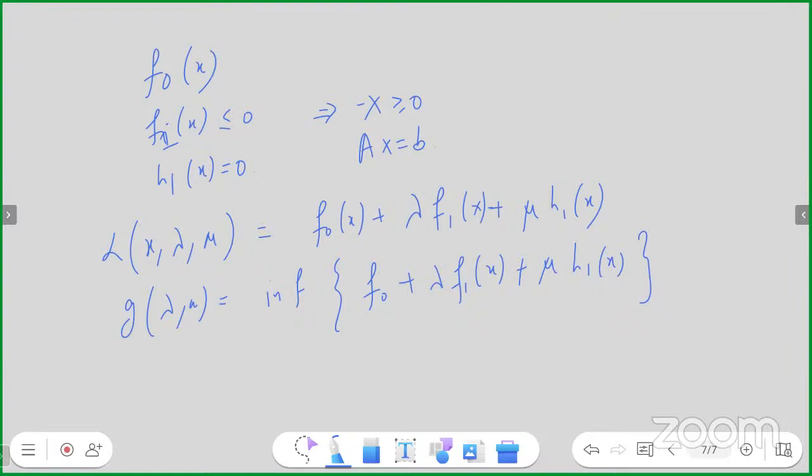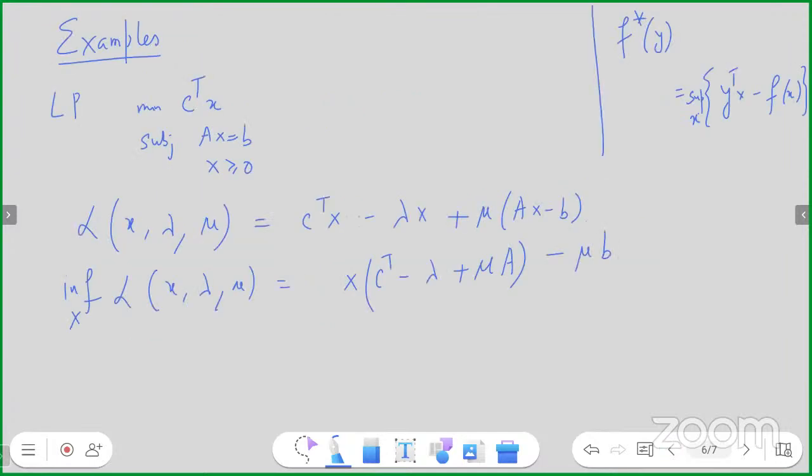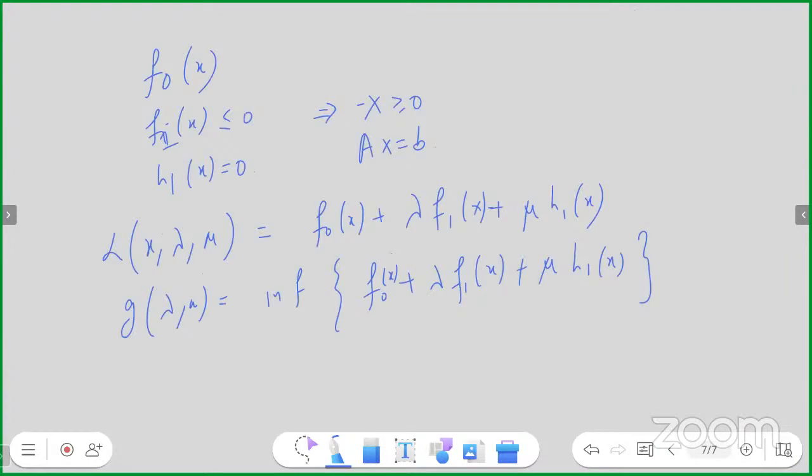What's the problem? If f of x is f0 plus mu h1 of x, don't worry about everything. It's okay, just do this.